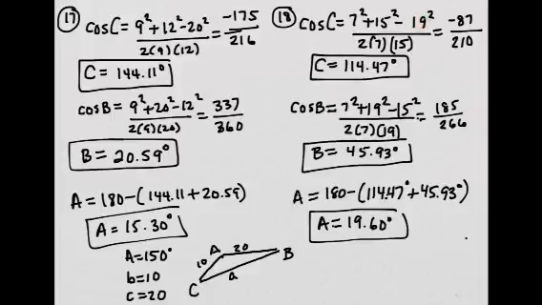That was C, so I'm looking for angle C first. Once I find angle C, I do the second largest, which is 15, and here it's B, so it's opposite angle B. And here's the setup, you get 45.93. For angle A, you take 180 minus the sum of these 2 angles, and it's 19.60.